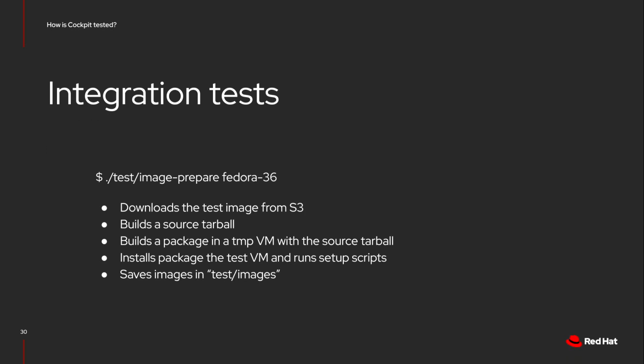For example, we might want to auto start Podman. If we want to test Podman, then we can run this as a prepare step. And this image is then saved locally. Then if you execute CentOS Fedora 35, it won't pick the raw image, it will pick the prepared image.